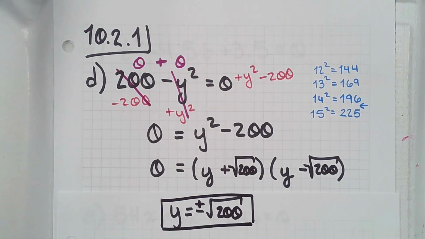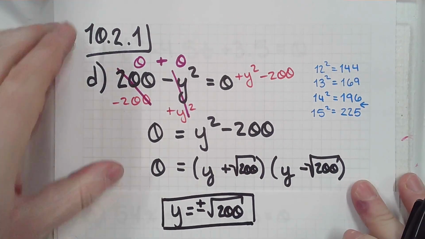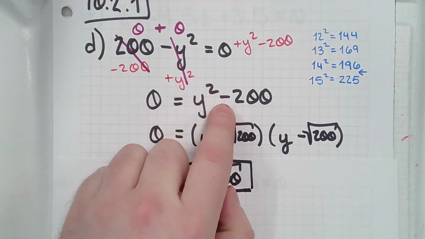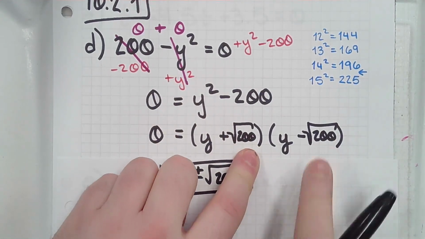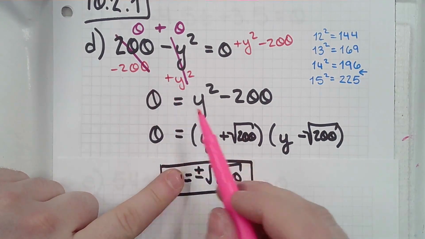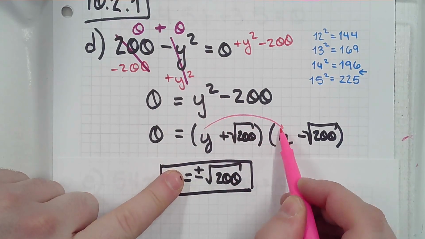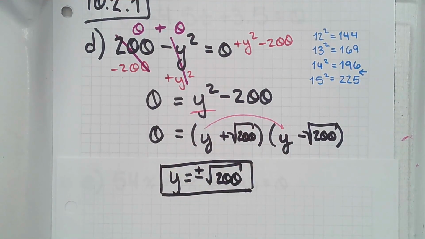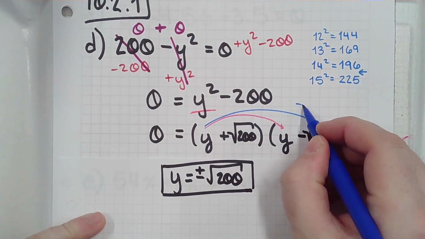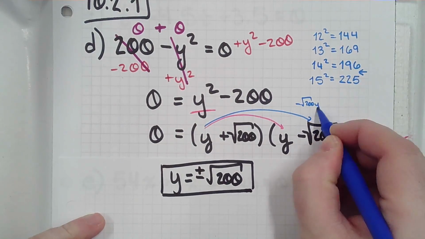Now, you could have figured this out without doing any of that, but I do think it's beneficial to see it. Right, understanding no middle term means we have conjugates. What numbers do I need here? I can even show you for sure that this is the same equation as what we have here. Y times y gets you y squared. Then we get, and I'll write this down, the negative root of 200 times y.